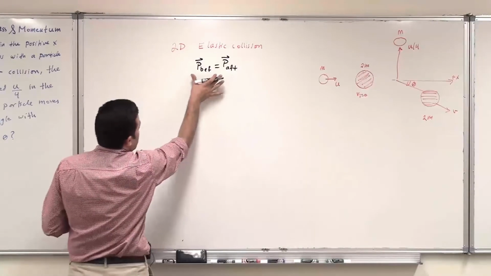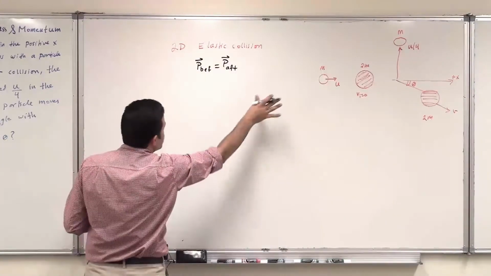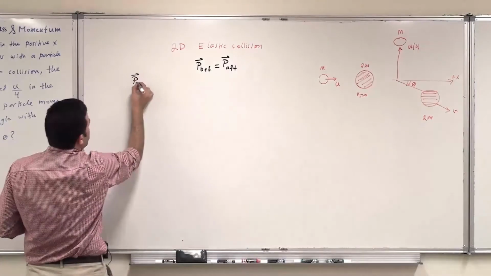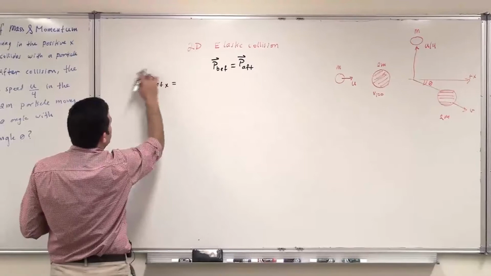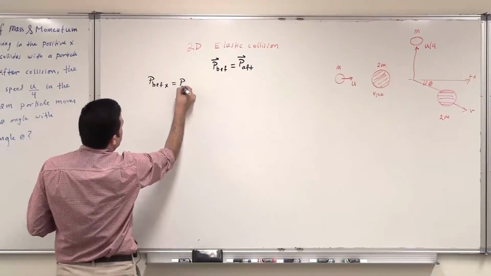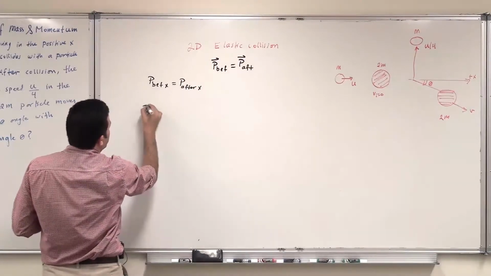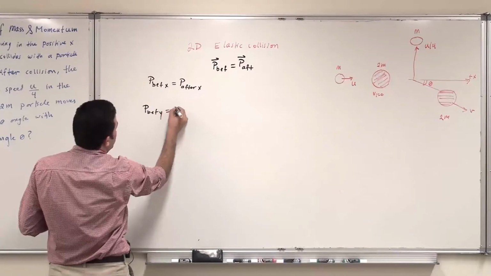And this is a vector quantity, and it's two-dimensional, so we need to write this equation for each coordinate. So P before x equals P after x, and P before y should equal P after y.